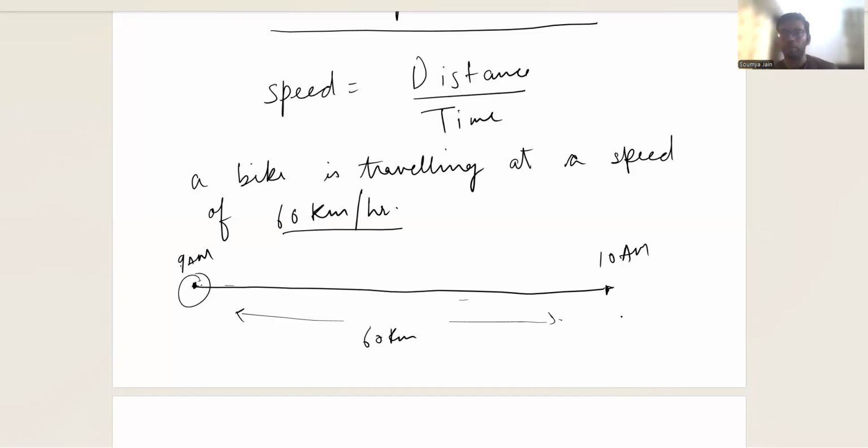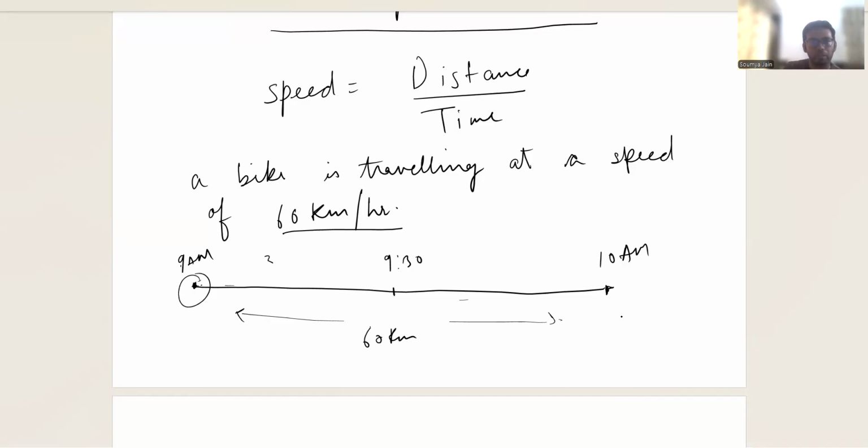Okay. Now, if I say, tell me how much distance the person would have traveled by 9:30. So 9:30, what does that mean? It means if this person travels 60 kilometers in 1 hour, in half an hour, it will travel just half the distance.